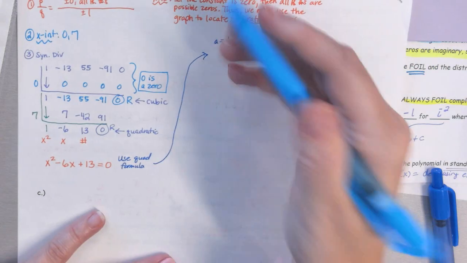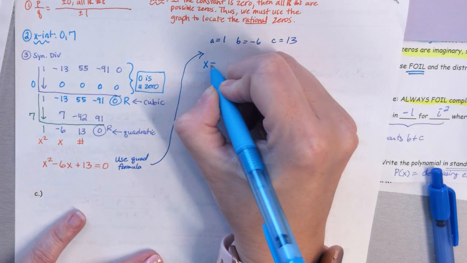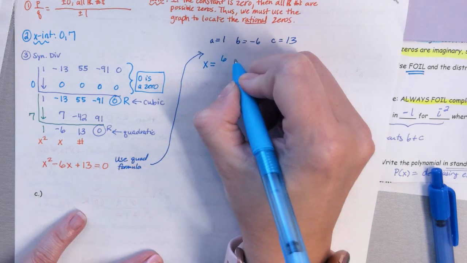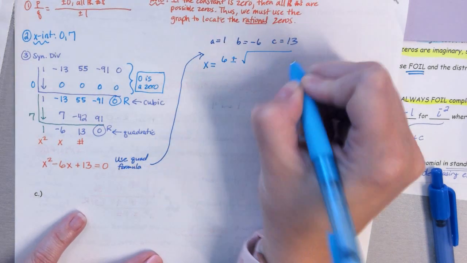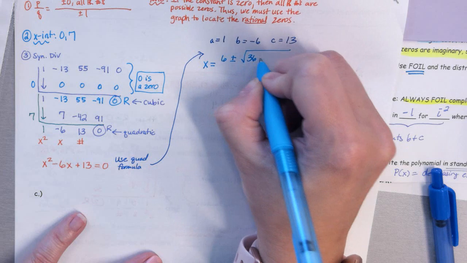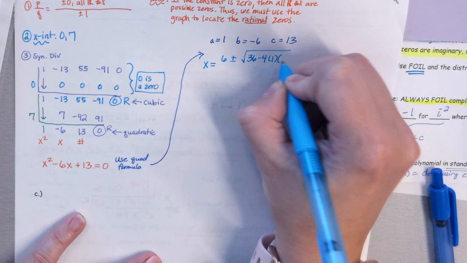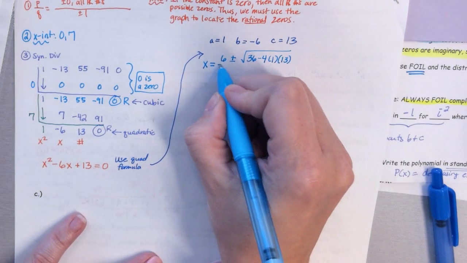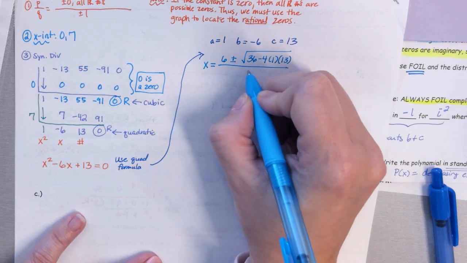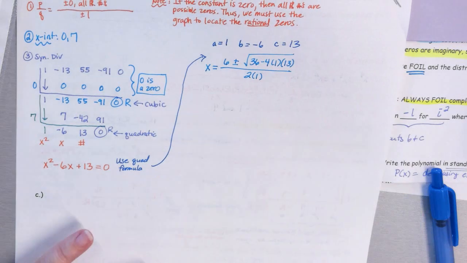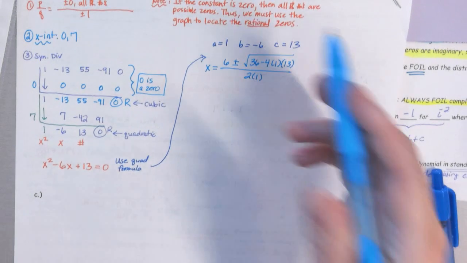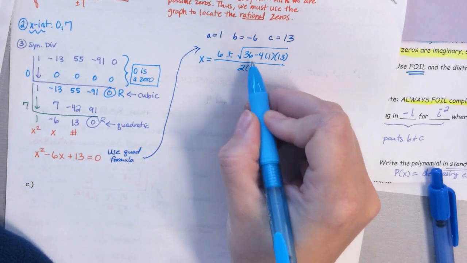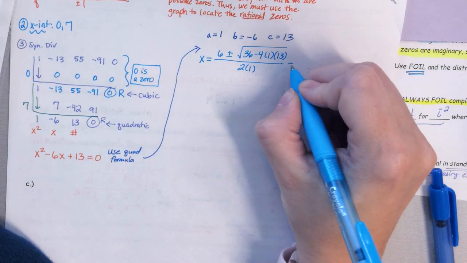How are we doing at remembering the formula? Opposite of b, plus or minus the square root of b squared minus 4ac. So it's always minus the 4ac, but the signs of the a and the c are going to determine whether you subtract or if you add.